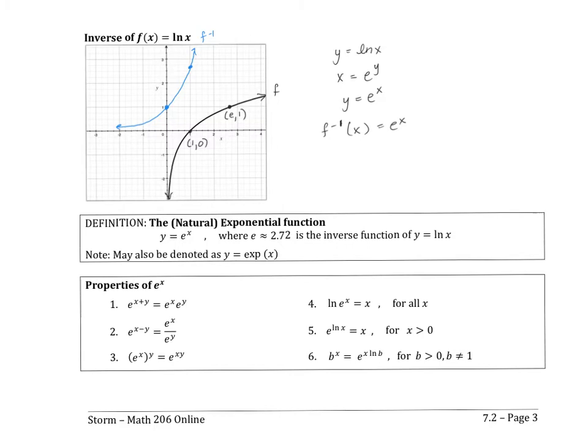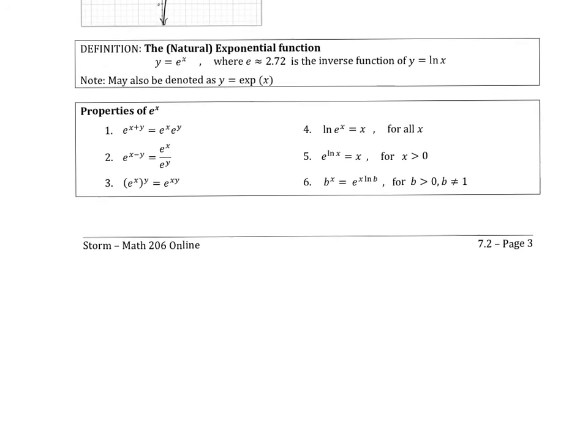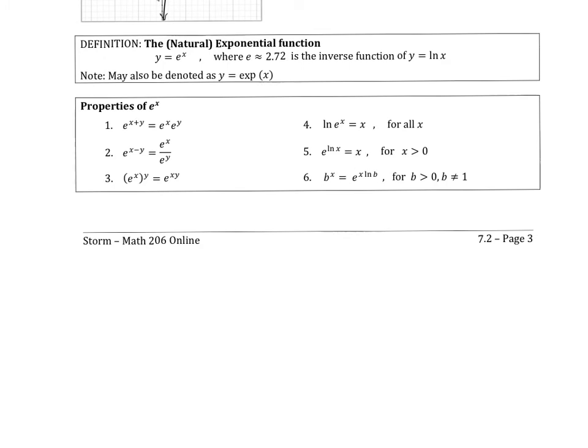So let's look at some properties of our exponential function. Sometimes you may see y equal to e to the x written as y equal to exp of x, which just means exponential function. They mean the same thing. So let's review some properties.